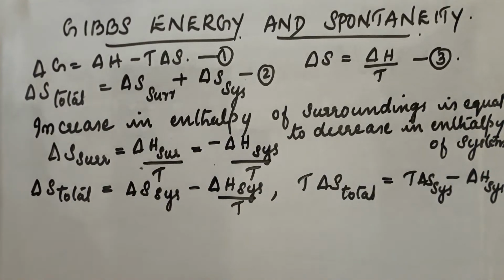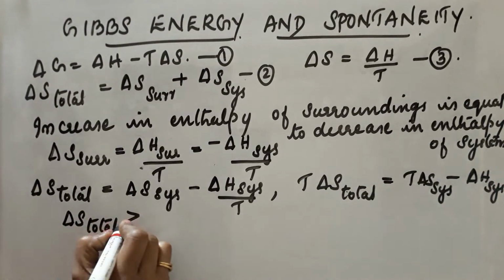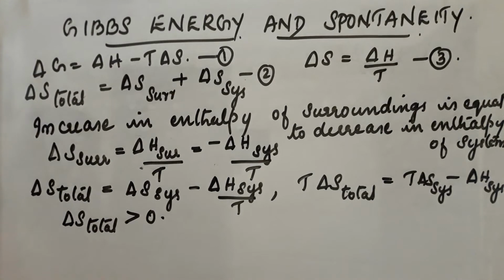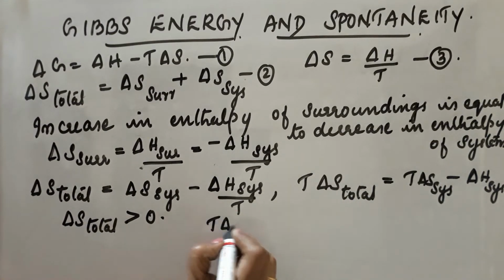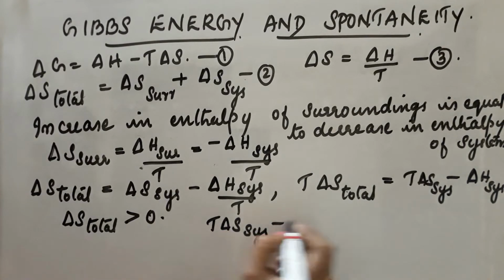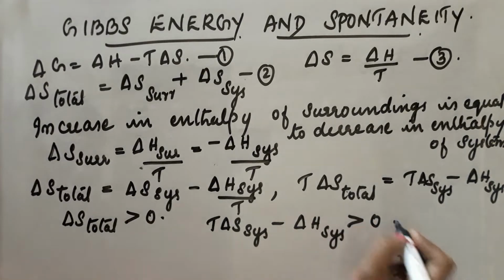For a spontaneous process, we know delta S total is greater than 0. So delta S total greater than 0 means T delta S of system minus delta H of system is greater than 0.